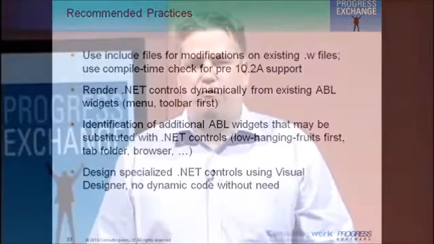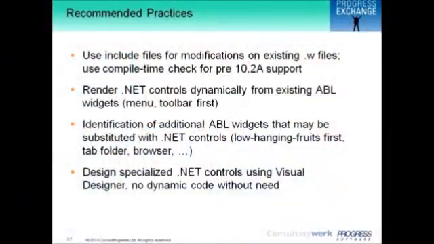So we traverse the menu tree and build whatever .NET control we want to use as a replacement. And then together with the partner, we look at the application, we look at their windows. If we find additional ABL widgets that should be substituted with .NET controls, that might be tab folders, it might be browsers, other things that have a large effect and don't cost too much time.